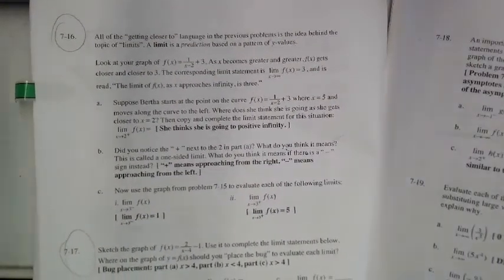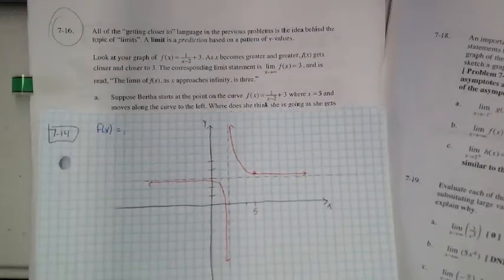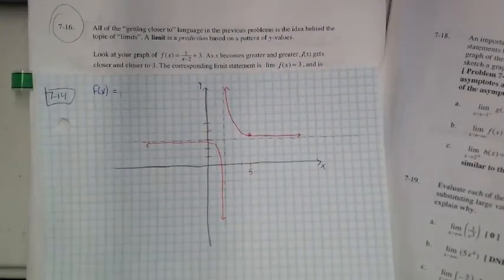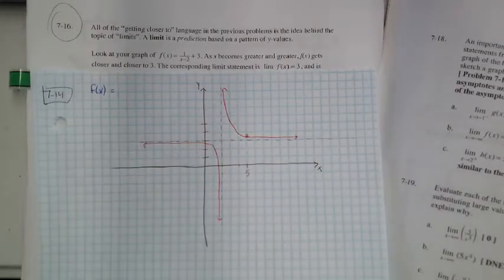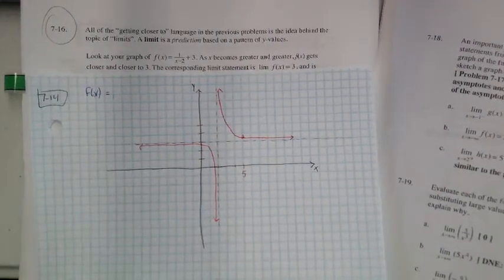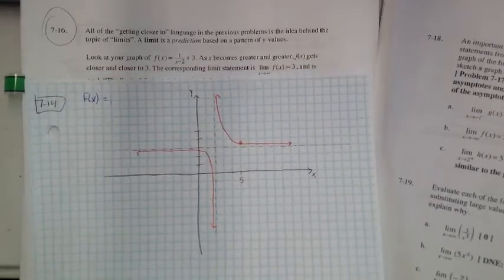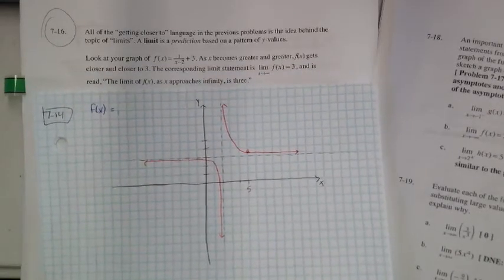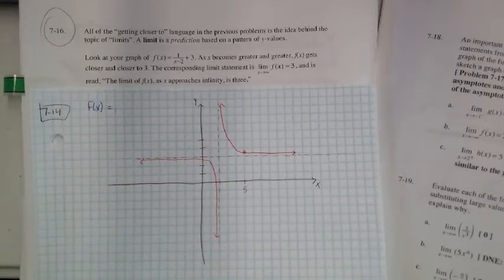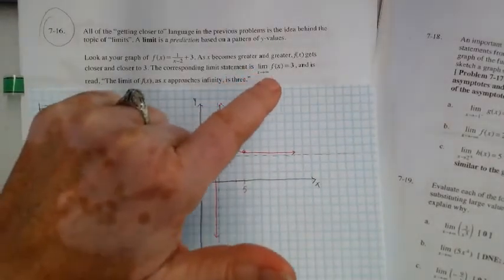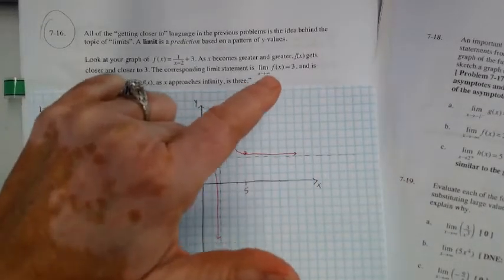As x gets greater and greater, f of x gets closer and closer to 3, doesn't it? The corresponding limit statement is the limit of f of x as x approaches infinity is 3.